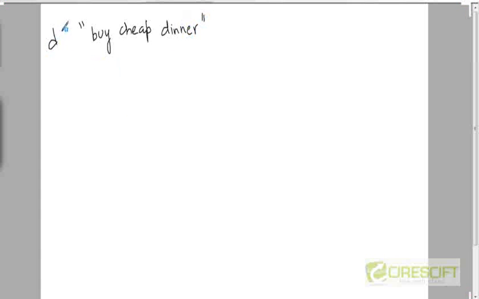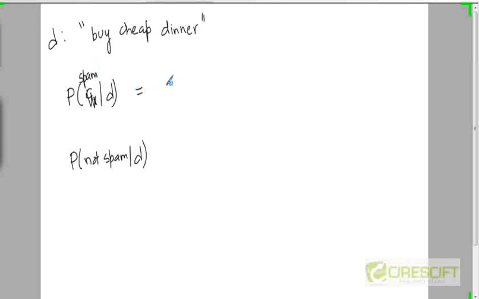So this is the document D, buy a cheap dinner. Again, we want to compute the probability that given this document, it belongs to the class spam. And we want to compute the probability that it belongs to the class not spam. And we want to see which of them is the larger one.